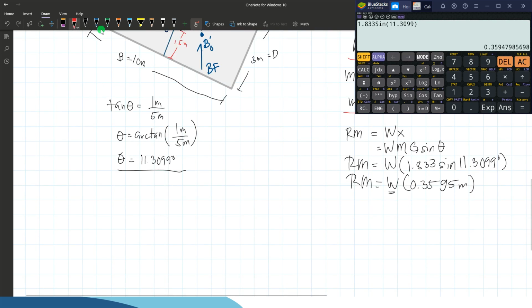Taking the sum of the forces along the vertical, with downward positive, the weight of the object minus the buoyant force equals 0, so the weight equals the buoyant force.